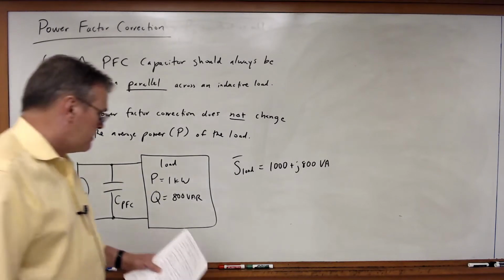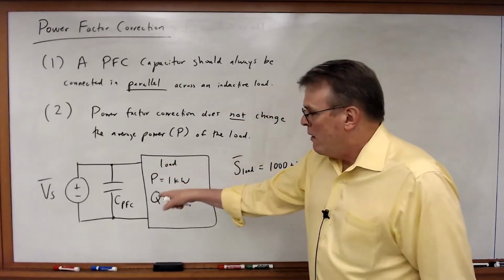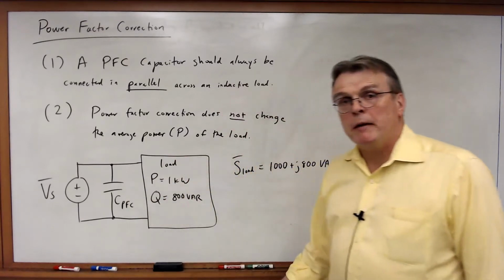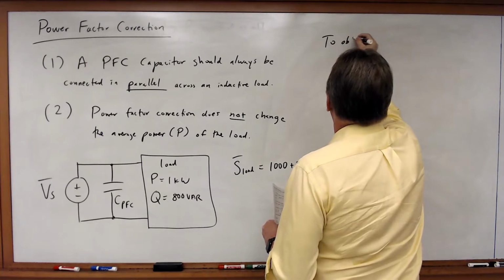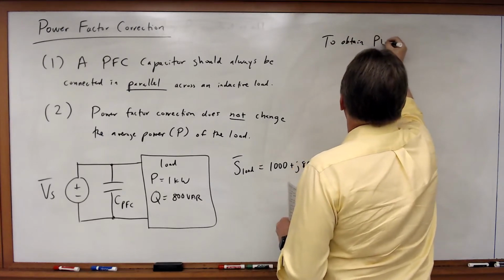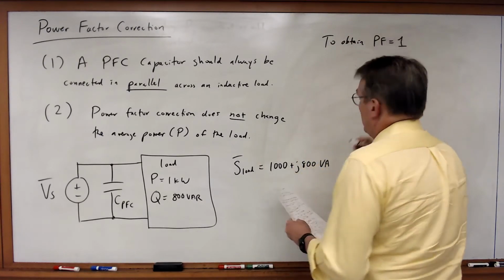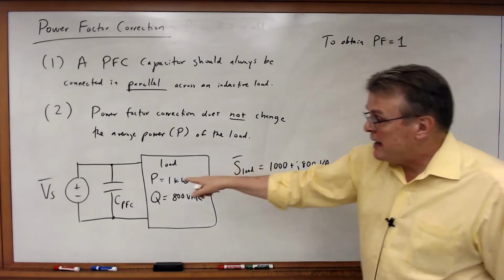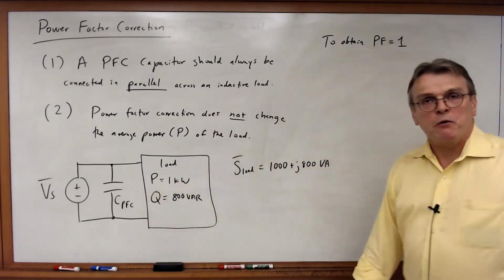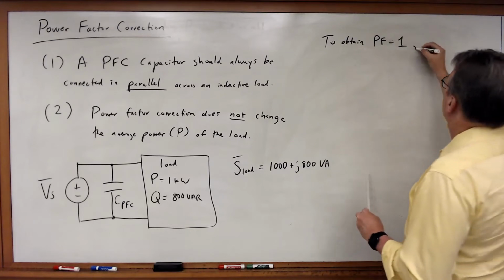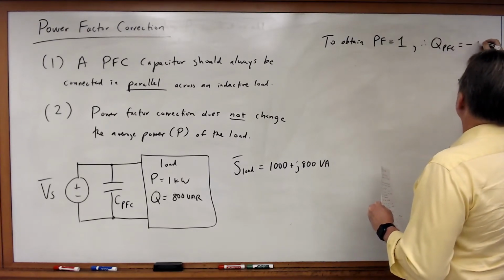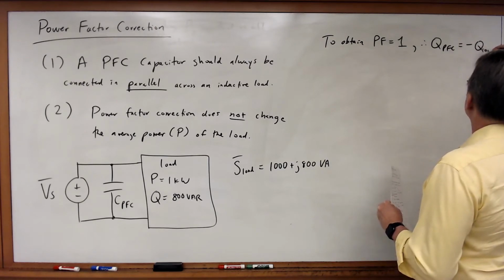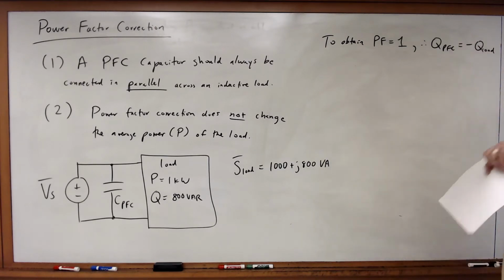So in this case, we want the power factor to be equal to 1. So the Q of that power factor correction capacitor must be equal to minus Q of the load.